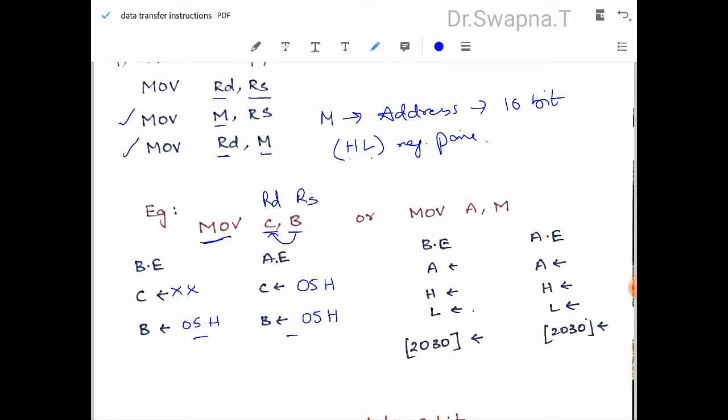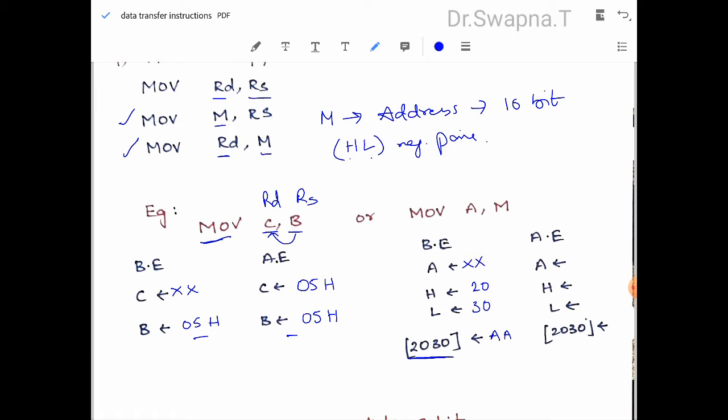Let's see the second example. MOV A, M. As I told you, M always refers to the HL pair. Assume 2030 is the memory location. M is referring to the memory location address 2030, where we assume we have some data AA. Now H has to be 20 and L has to be 30. We store this address in the HL pair. In the accumulator, there might be some random data present.